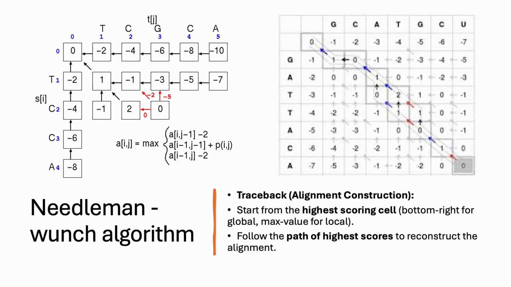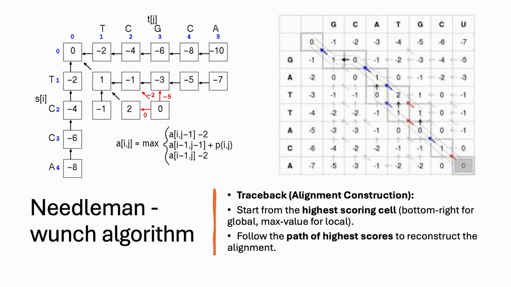Here is a visual representation of how the matrix is constructed. On the right hand side you can see the completed matrix of how it will look. On the left hand side is a calculation matrix where you can see there are two sequences, distributed along the top row and column wise. The first step, as I said, is initialization.